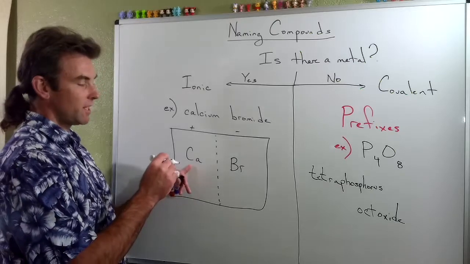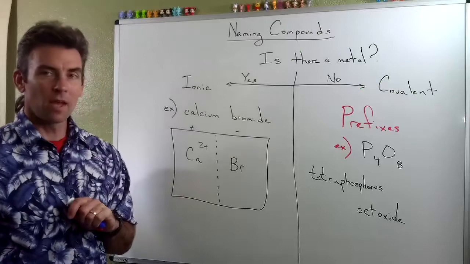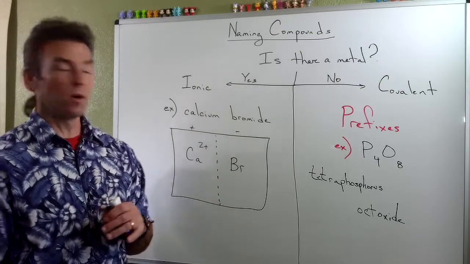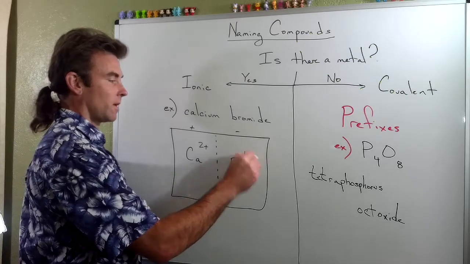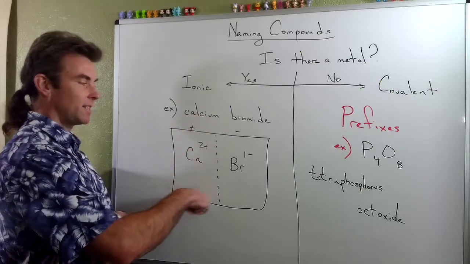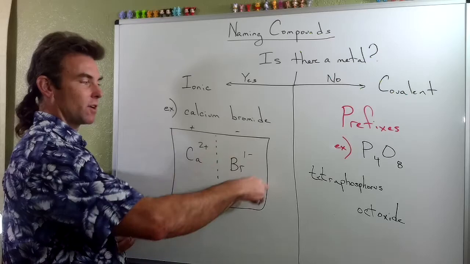And what you would notice is that my calcium is a 2+. I would also notice that my bromine is a -1 or a 1-. There is a problem because this entire positive side here has to add up to the same amount of negative charge over here.